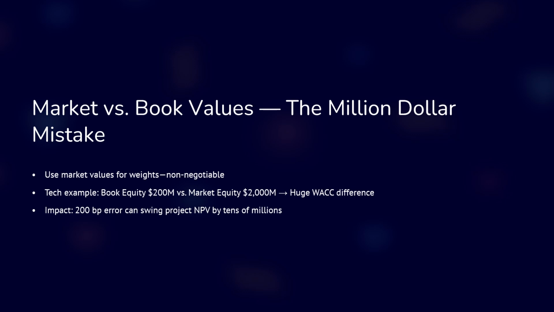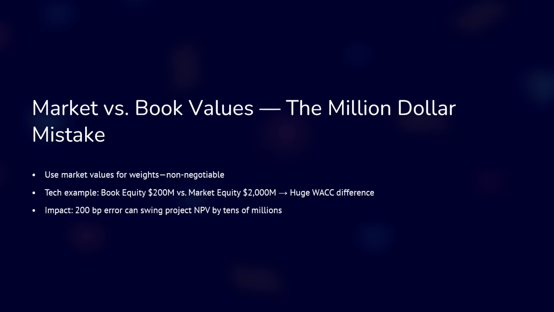They're now worth $2 billion in market cap. Their real capital structure is 5% debt and 95% equity. So using book values, you'd calculate WACC around 12%, but using market values, that would be calculated at around 10%. And so that 200 basis point error on a $500 million project, if we're using 10-year cash flows, creates roughly an $80 million valuation error.